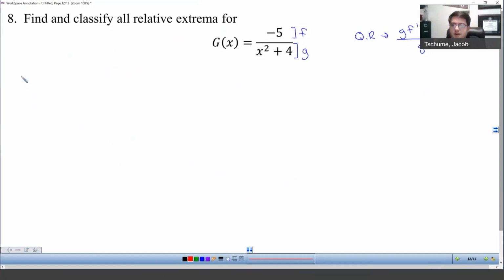So my derivative, which is capital G prime of x, would be my g function, which is x squared plus 4, times the derivative of f, which would be 0, minus my f function, which is -5, times the derivative of g, which is 2x, all divided by g squared.